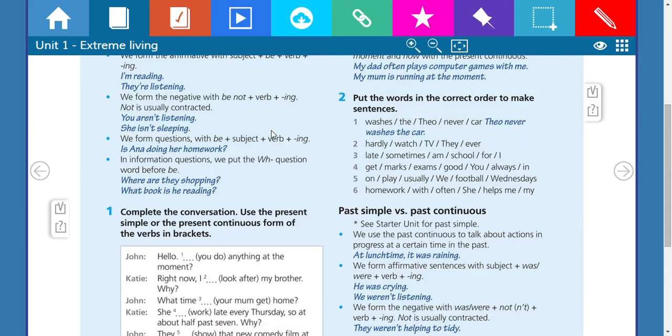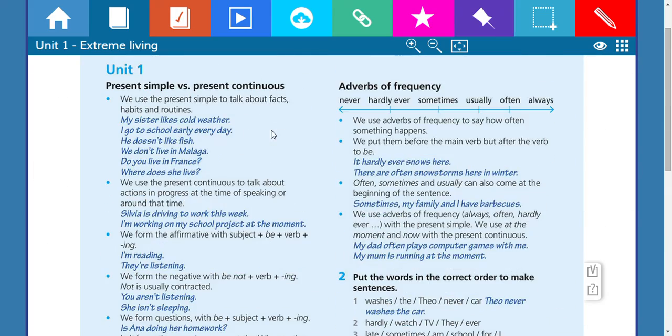This is the conversation, and also in this second part, I have the adverbs of frequency. There are 1, 2, 3, 4, 5, and 6. Always. For me, always is like 100% that something is happening.